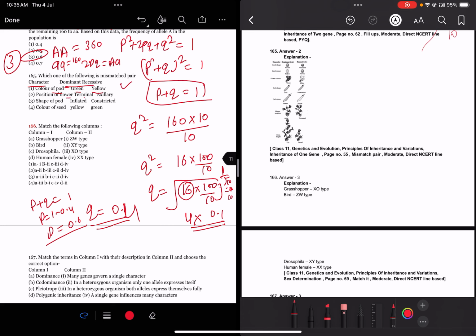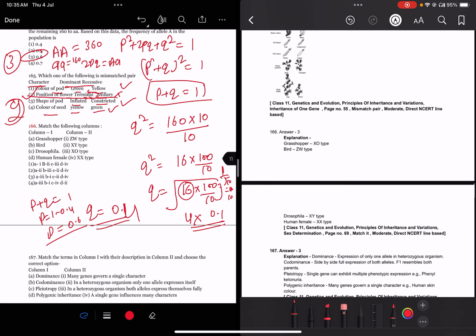Position of flower: terminal or axial, it's wrong. Axial is dominant and recessive is terminal. So this one is wrong. Pod shape: inflated dominant, constricted recessive, correct. Color of seed: yellow dominant, green recessive. So the answer is 2. No need to hesitate.